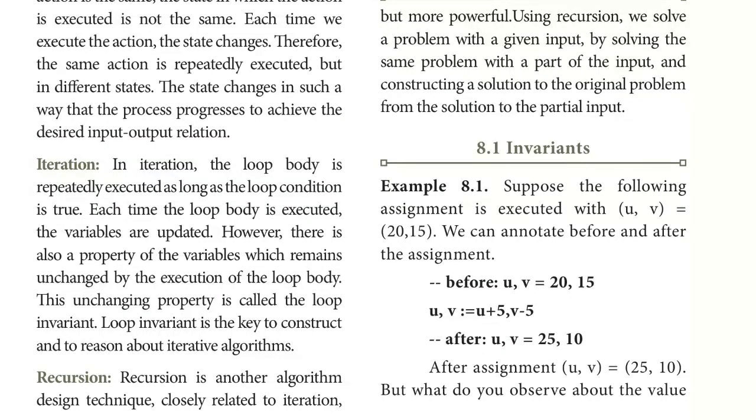This process of executing a small part of the program again and again is known as iteration. The small part will be inside the loop, and it gets executed again and again based on the condition. If the condition is true, then the statements will be executed. If the condition is false, it will be skipped and move on to the next one. So this is known as iteration.